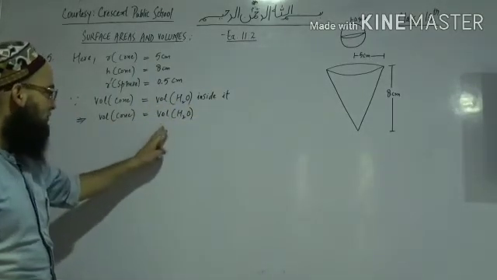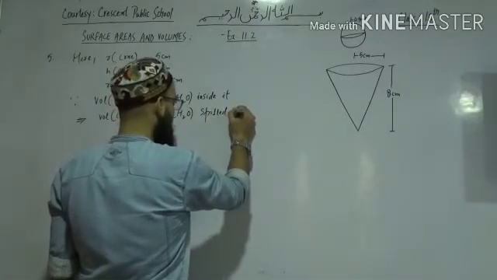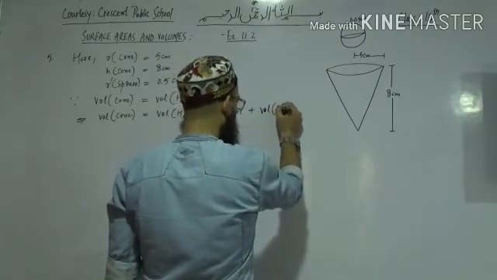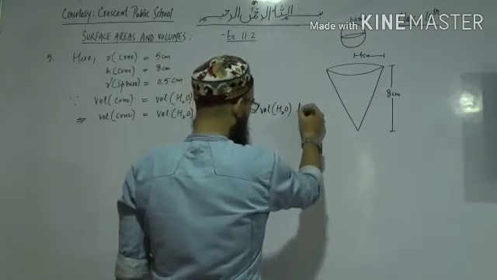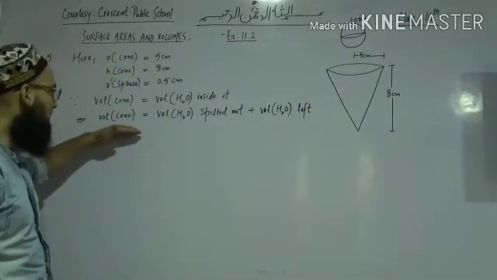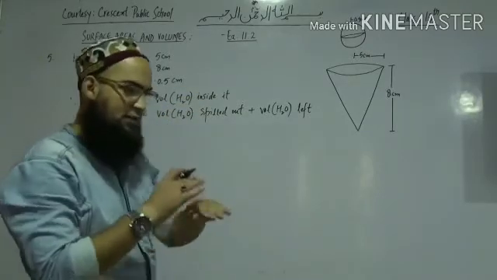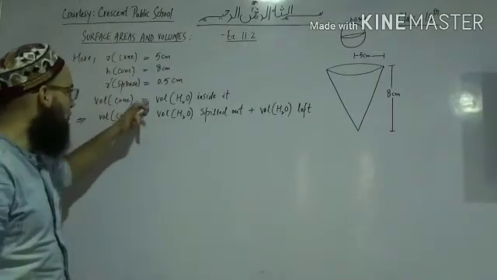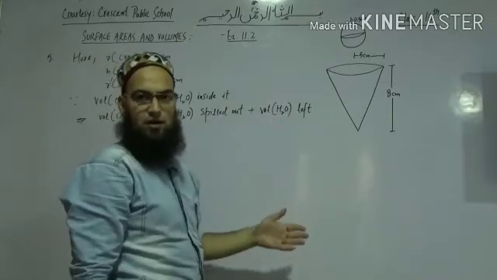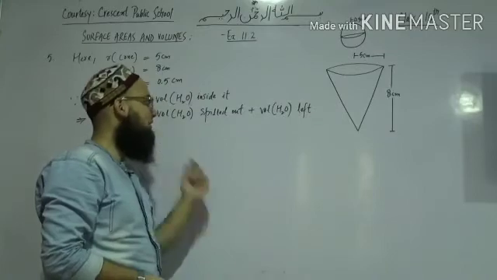Volume of cone is equal to volume of water spilled out plus volume of water left. Whatever is spilled out and whatever is left, together they are the water inside it.